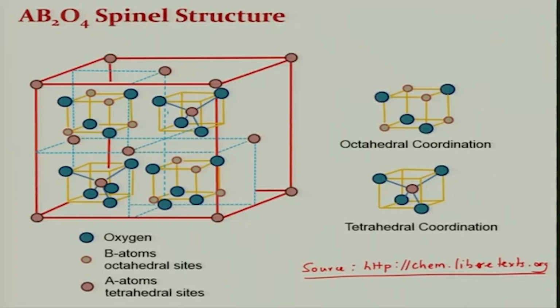So you can see that this is one FCC cell, and within one FCC cell you have certain tetrahedrally coordinated atoms and some of the octahedrally coordinated atoms. So this is the first cell on top, then you have another cell on the back, so you have 8 cells on top of each other. All the atoms have not been drawn for the sake of simplicity, but for example, this is one oxygen atom. So these are all oxygen atoms. Okay, so this is one oxygen atom which tetrahedrally coordinates these A atoms.